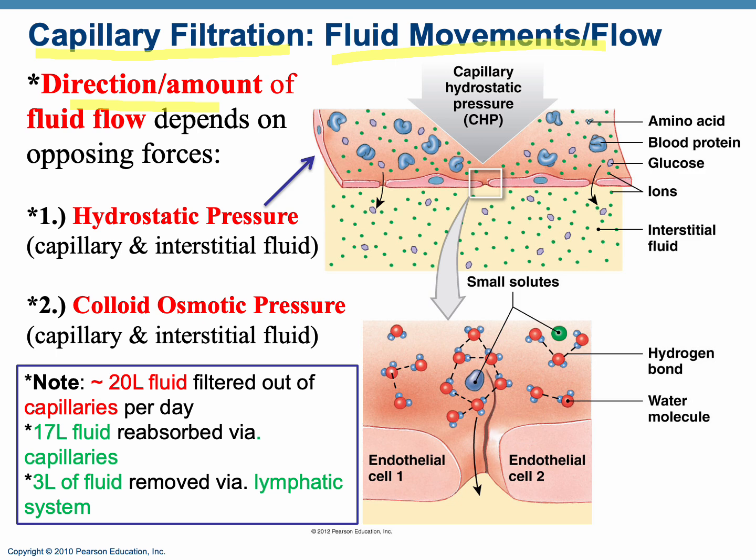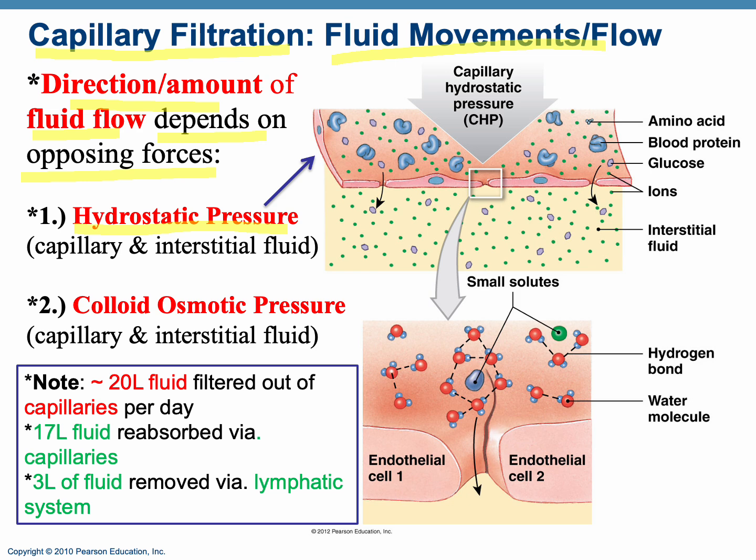So when it comes to the movement of fluid out of a capillary, ultimately it really depends upon two opposing forces that play a role with the movement of the fluid out of a capillary. The first type of pressure is known as the hydrostatic pressure.